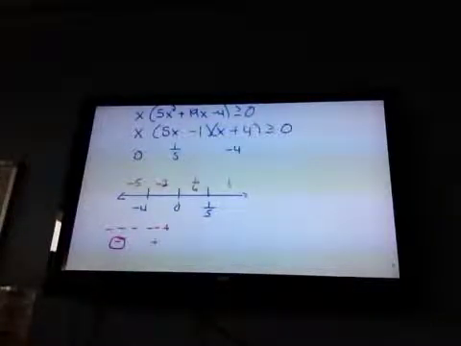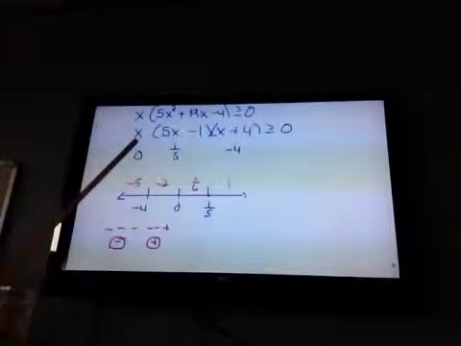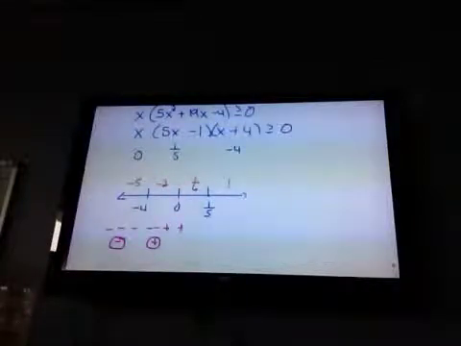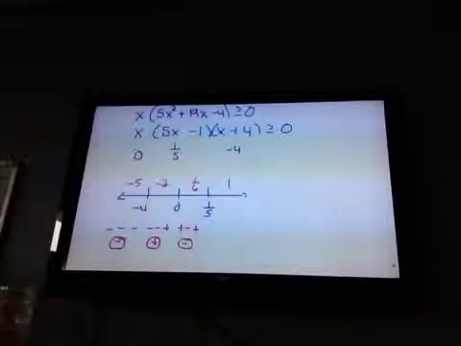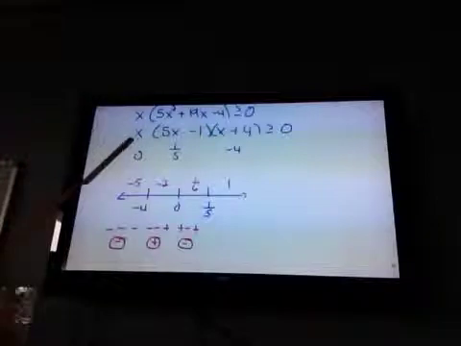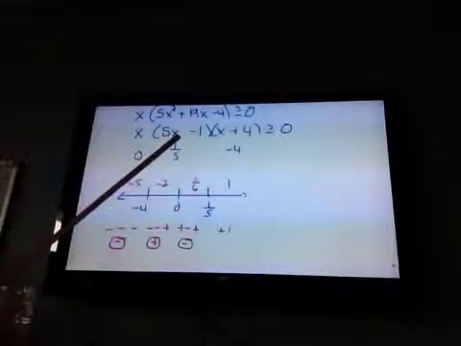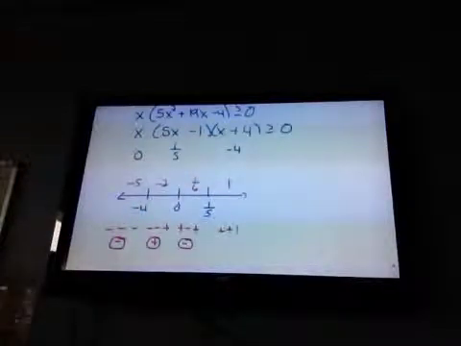So that's a positive. 1/6 here is positive. 1/6 here, 5 times 1/6 minus 1, negative. And 1/6 plus 4, positive. And that's going to end up negative. And then my 1 here is positive. 1 here is positive. And 1 here is positive. And a positive, positive, positive is positive.